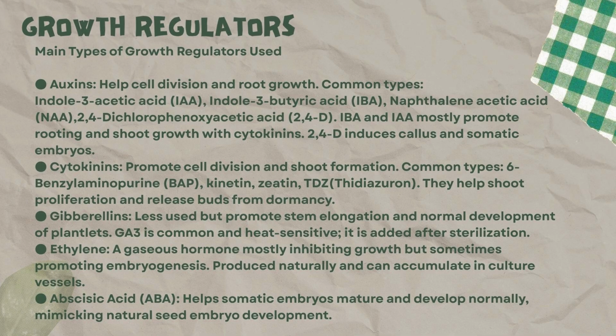Finally, abscisic acid. This regulator is essential for helping somatic embryos mature properly, closely mimicking how real seeds develop within a fruit. So each of these growth regulators has a specific role in guiding plant tissue development: rooting, shooting, elongation, or even embryo maturation. So this is all about growth regulators.